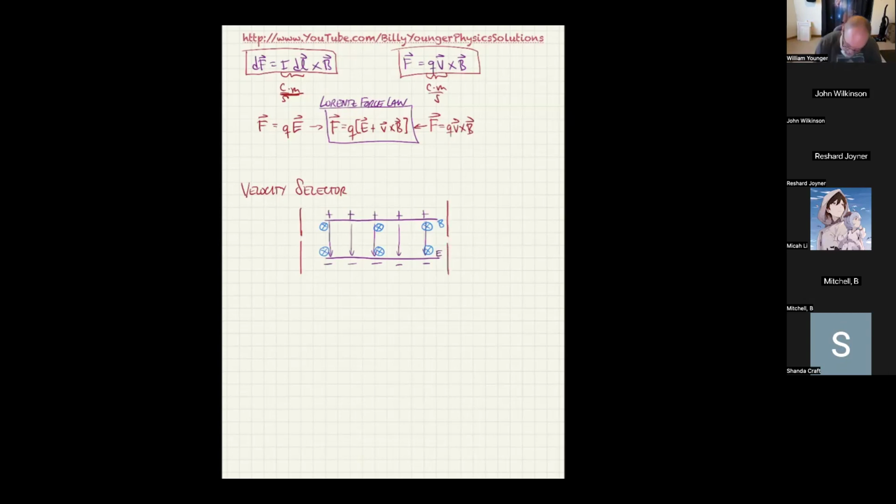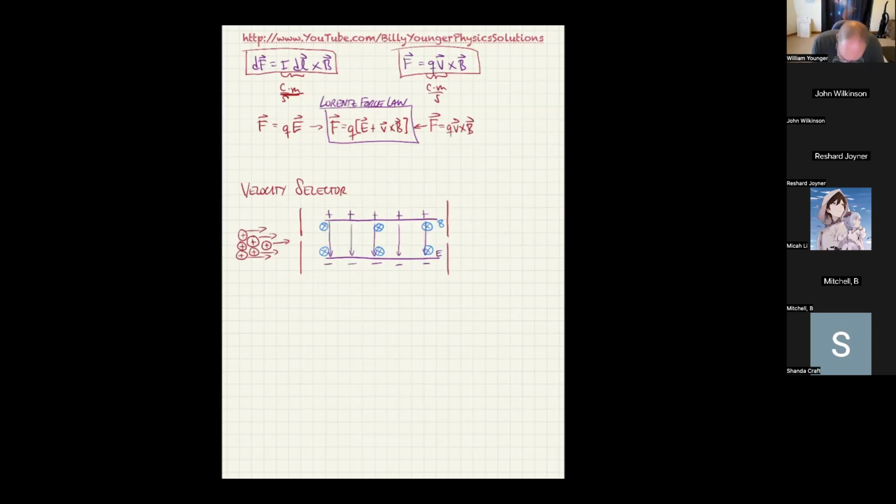So you could send, for instance, a bunch of positive charges all going like this, but only a very small few would get through because that slit's not going to let the rest through.